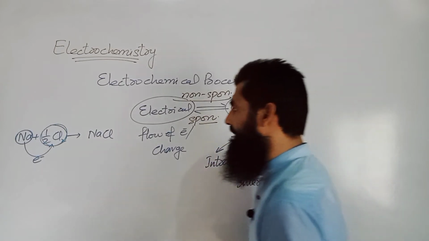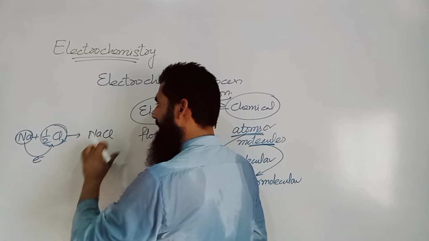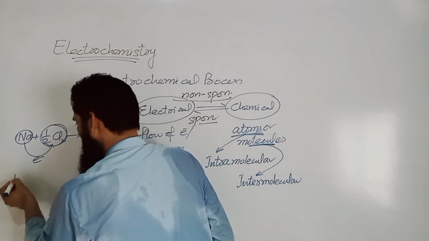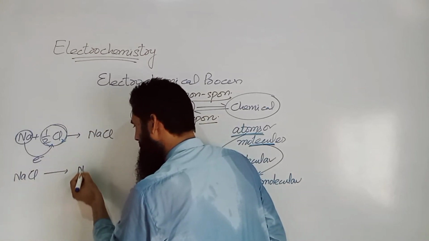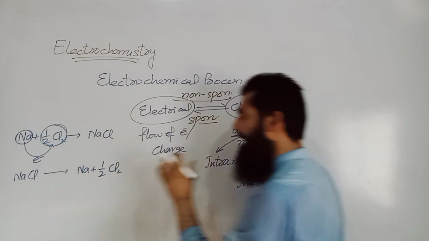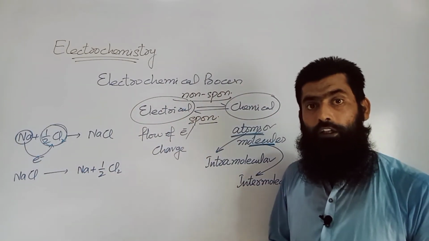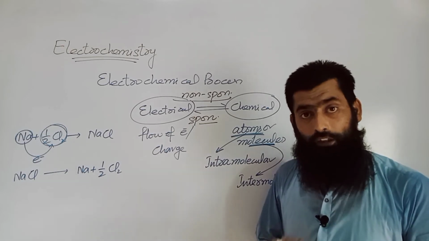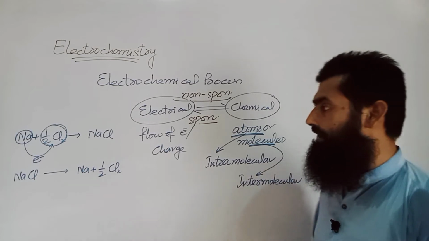On the other hand, when we want to break sodium chloride into its components, such as sodium chloride goes to sodium plus chlorine, this phenomenon doesn't happen spontaneously. The phenomenon requires energy, and the energy is provided in the form of electrical energy.